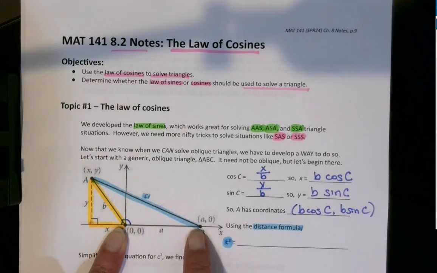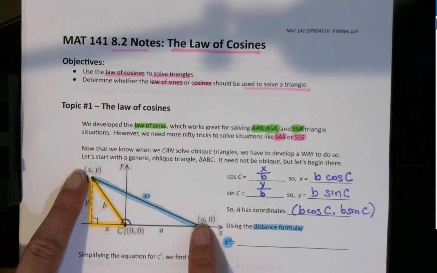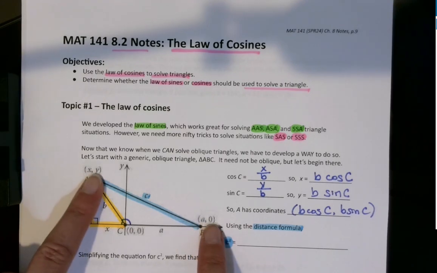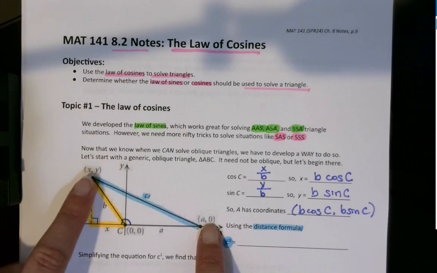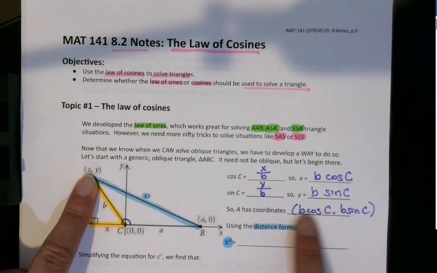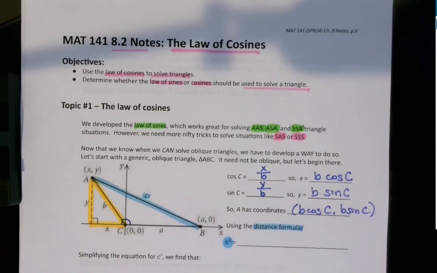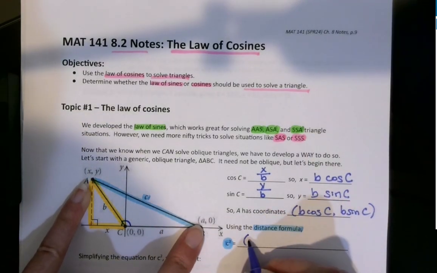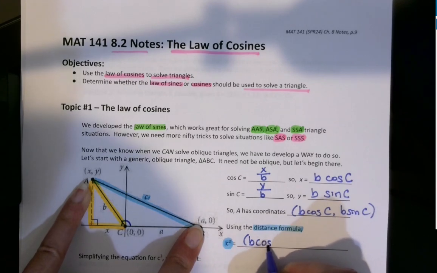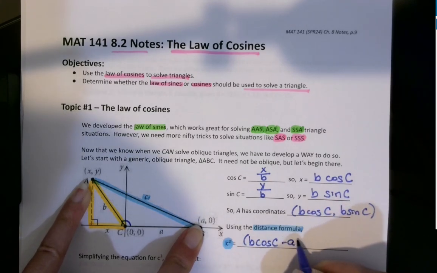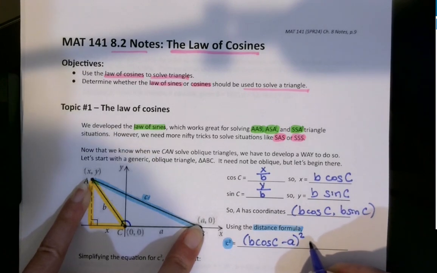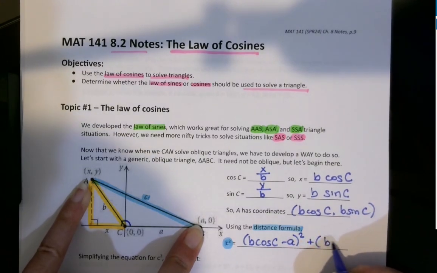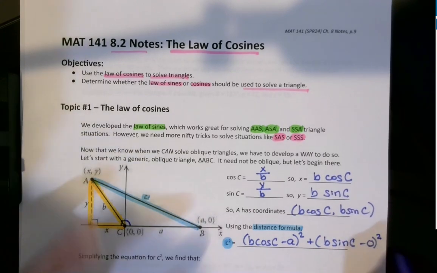So for the distance formula, we're going to subtract the x coordinates and square them, and then add the difference of the y coordinates and square them. Instead of x and y, we're going to be using x equal to b cosine C, y equal to b sine C. So the difference of the x coordinates would be b cosine C minus a, quantity squared. And then we're going to add on y, which is b sine C minus 0, quantity squared.